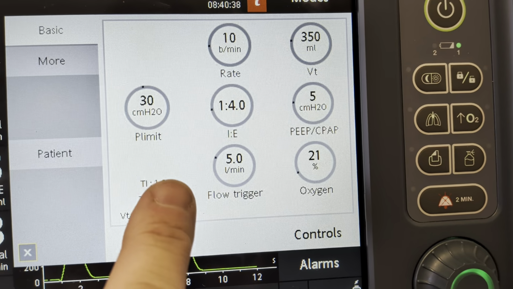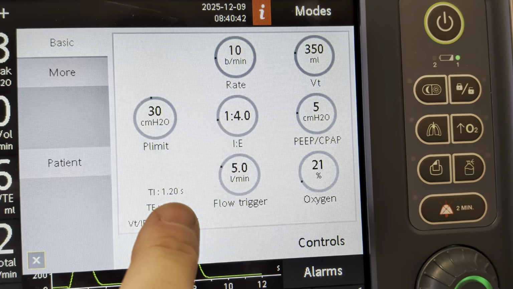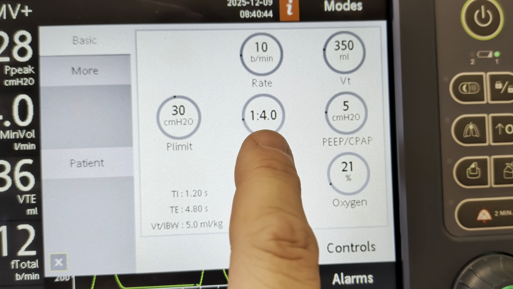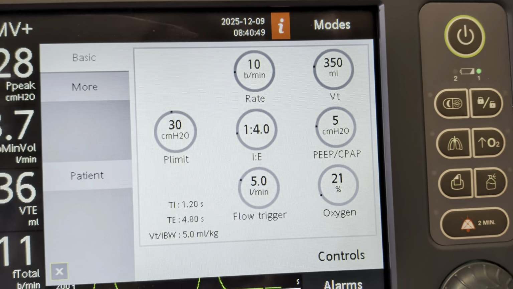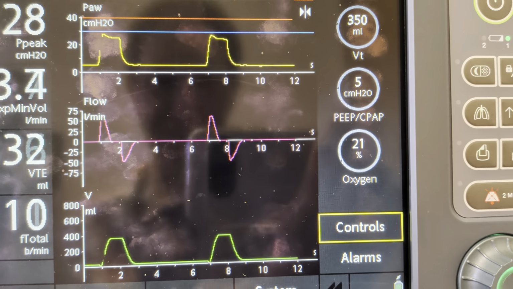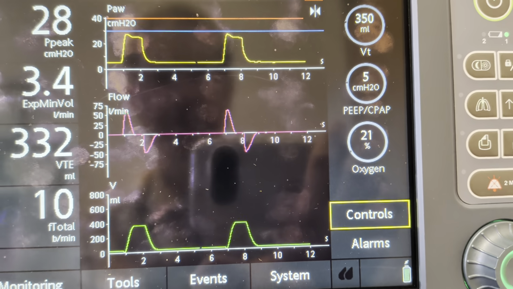People with normal pulmonary physiology are going to have an I to E ratio of around 1:2 to 1:4. You may need to extend this more to allow for that prolonged expiratory phase.